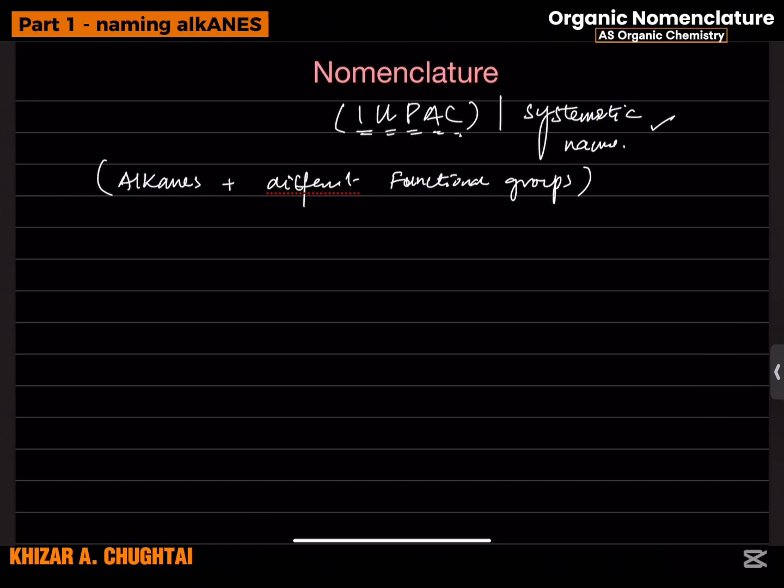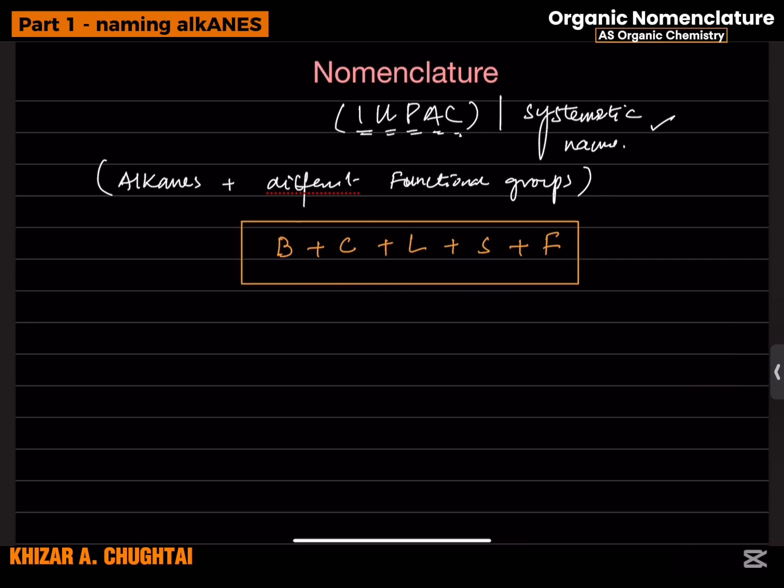Name of any organic compound is composed of basically 5 portions: B, C, L, S, F. The C part is not in O level, but in AS level. According to this rule, whenever you are going to give the name of any compound, there are overall 5 major components of a name.